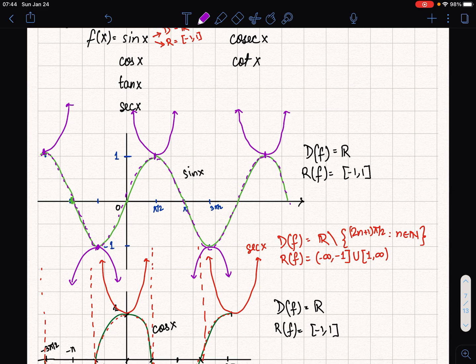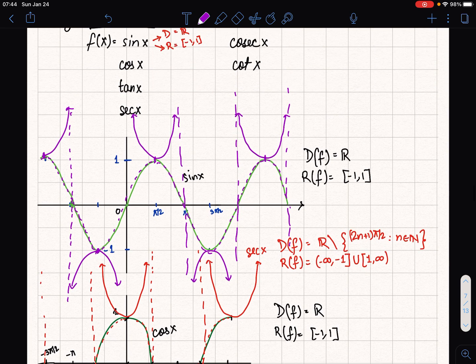Clearly, it does not touch the points of n pi, meaning it approaches infinity at points of n pi.